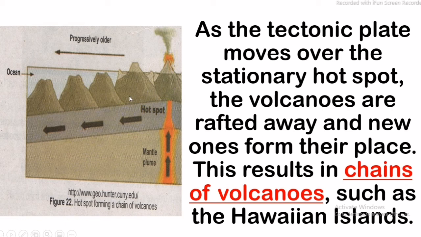This volcano will be in this position now, and then another volcano will be formed, and then move until we have several volcanoes. So this is called chains of volcanoes. So we have that chain of volcanoes. Example of that is the Hawaiian Island.